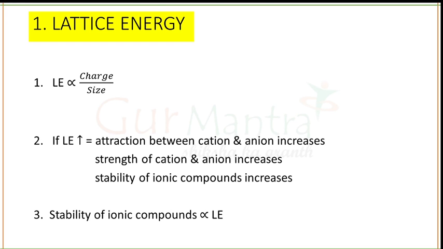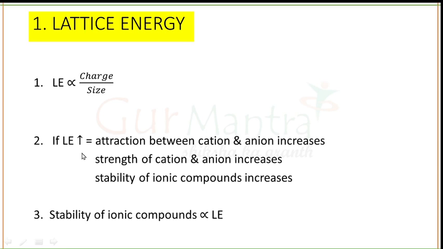Now we have lattice energy. Do you know what lattice energy is? It is the amount of energy required to form 1 mole of crystalline structure from its constituent ions. Lattice energy is directly proportional to charge upon size. As you increase the charge, lattice energy increases. As you increase the size, lattice energy decreases.